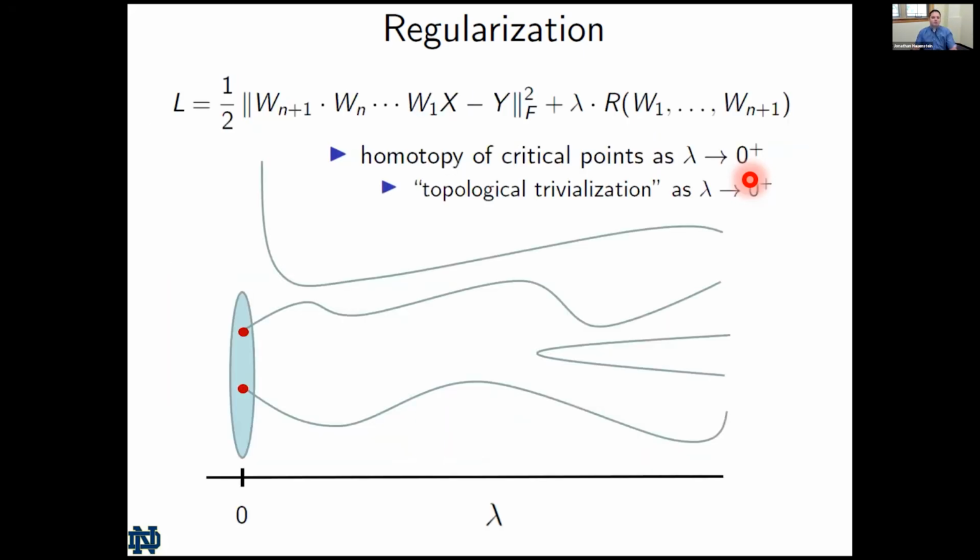If you do this as a homotopy in terms of lambda, when lambda is big, you get lots of critical points. As lambda goes to 0, the critical points disappear because the topology trivializes. At the very end, you just have very few paths leading to this lake of minima.